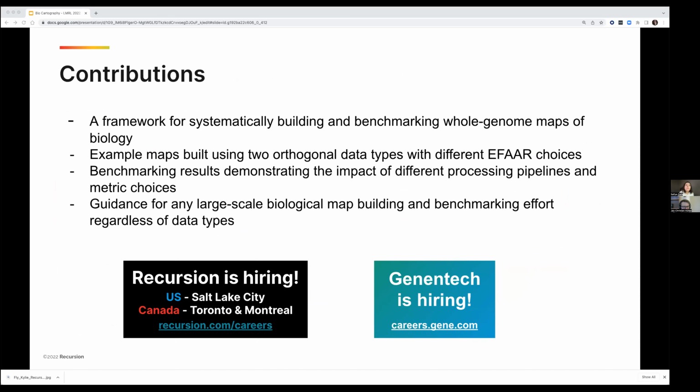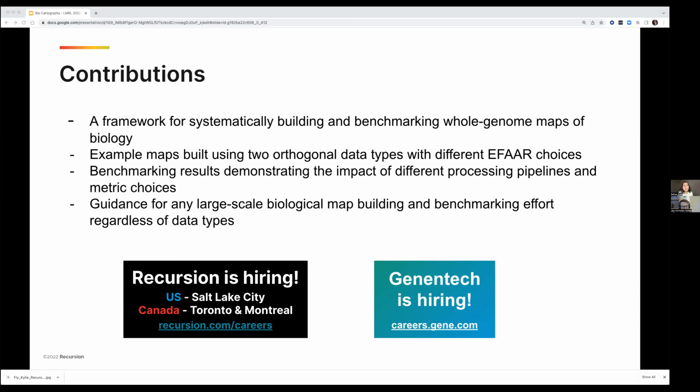As a demonstration, we present several map options built using 2 orthogonal data types, single-cell transcriptomic data where perturbations are based on CRISPR interference, and array-based phenomic screening with CRISPR knockout from Recursion. Results demonstrate the impact of different processing pipelines and metric choices. This framework can be used for any large-scale biological map building and benchmarking effort, regardless of data types.